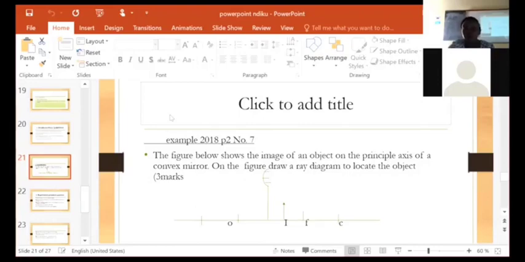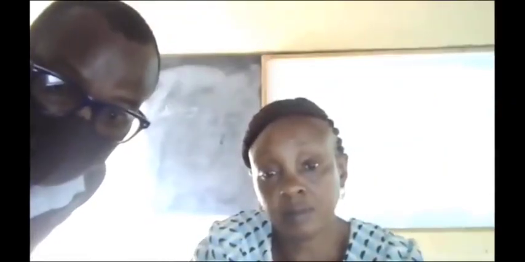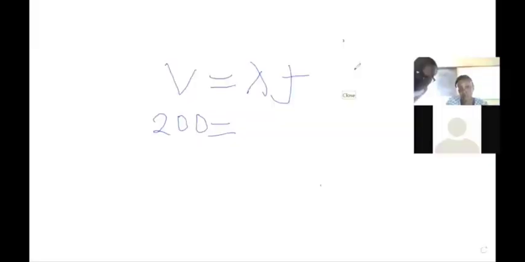If they are virtual, then they must be broken. So here we have a convex mirror.